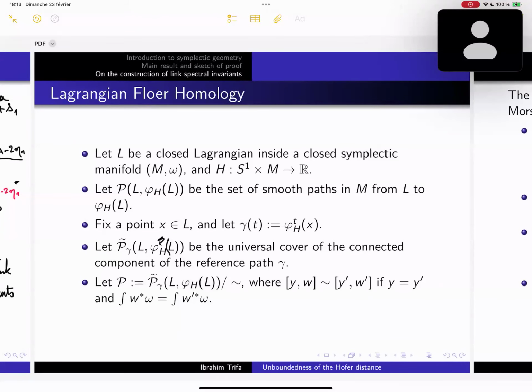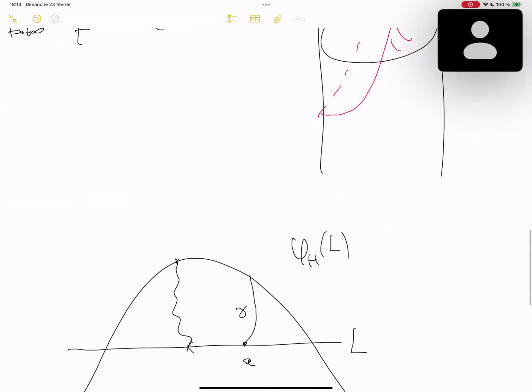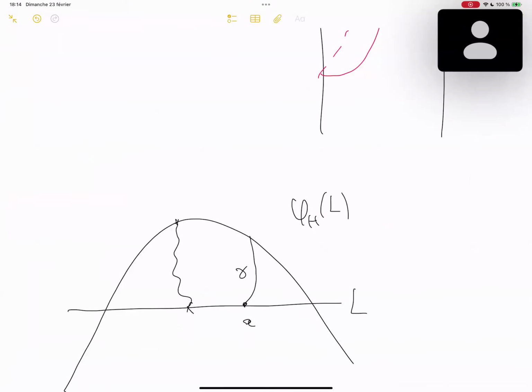So what does this mean? An element in there is a path from L to phi h L together with a homotopy of paths from the reference path to this one. So if I draw my picture, I had here a path, so this is a path in P(L, phi h L).